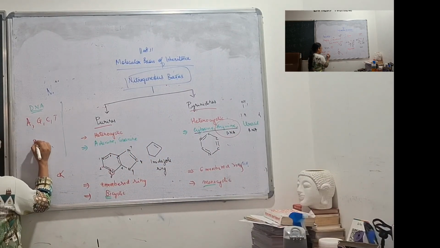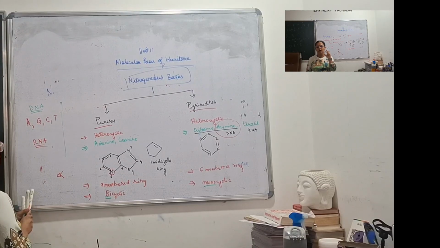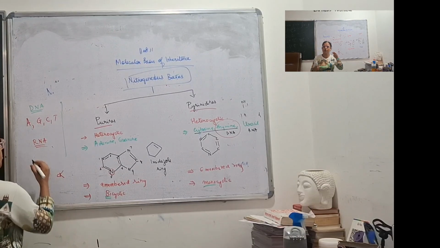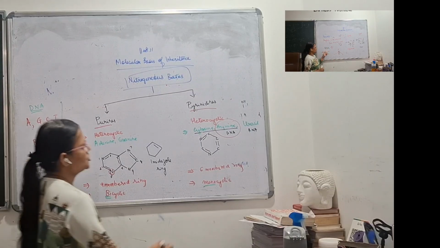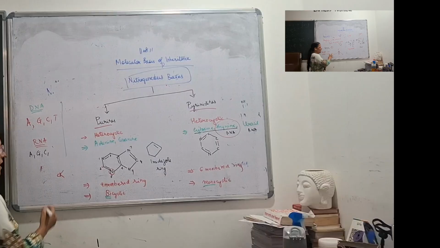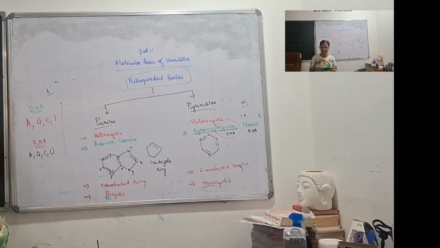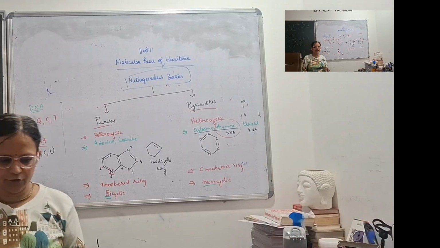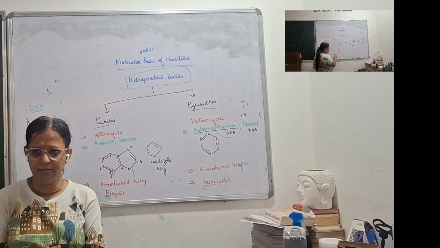Now in RNA, which bases do you get to see? Three bases are common. Which? Adenine, guanine, cytosine. But instead of thymine, in RNA, you have uracil and it is designated as U. So see, in evolution or sometimes mutations occur, isn't it?